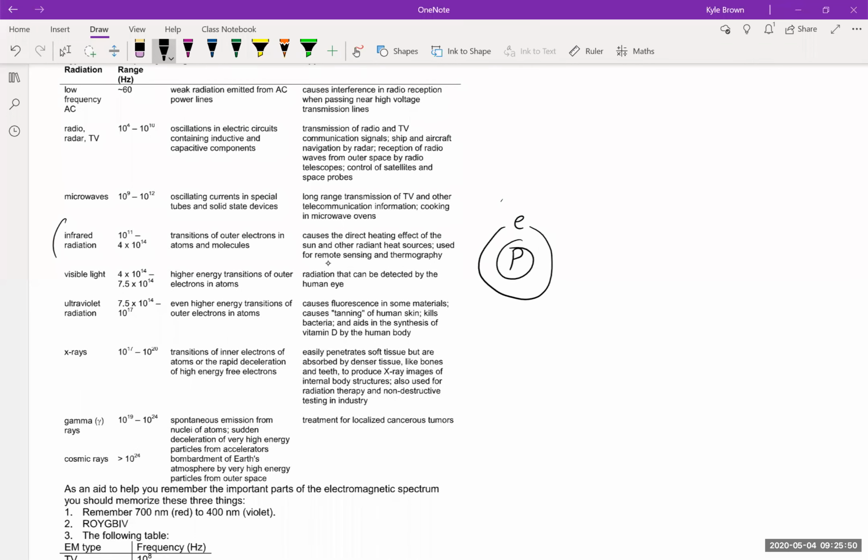Maybe you remember from chemistry that you have these different orbitals, these different energy levels where the electrons can hang out. So what will happen is you get an electron hanging out on a higher energy level for whatever reason. Maybe something bumped into it and gave this electron more energy. So now it's sitting up in a higher level. Well, it sits up there and it's not happy. Then eventually it comes falling back down again.